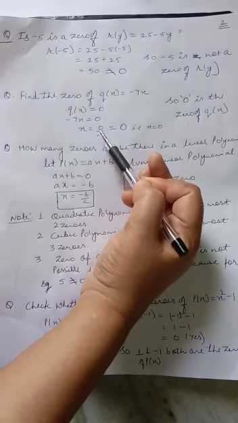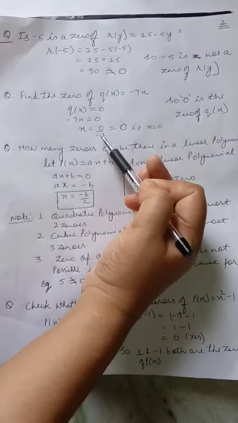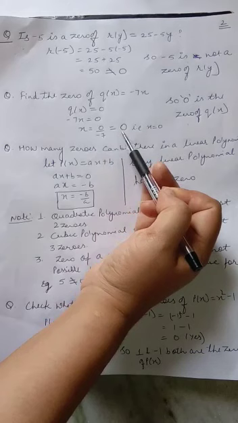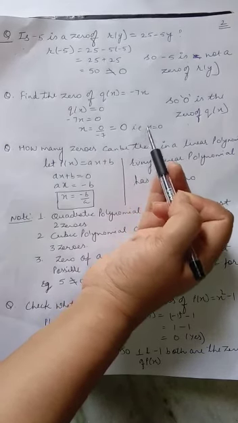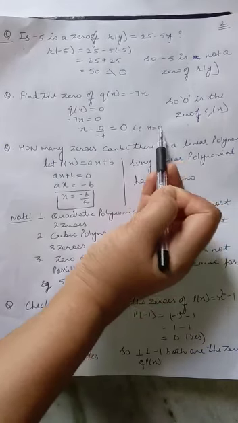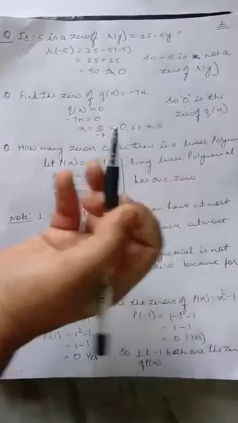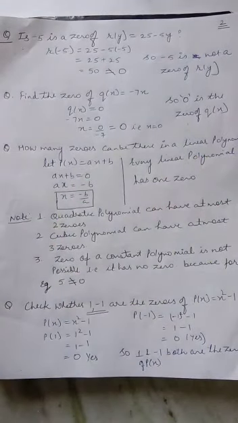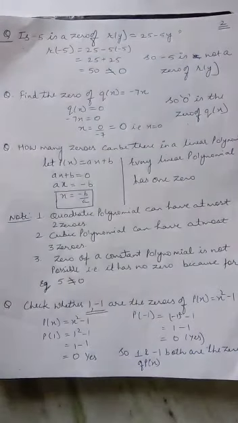So x came 0 upon minus 7. 0 divided by any number is going to give you 0. So that is x is equal to 0. So we can say that on substituting x equal to 0, the value of this polynomial becomes 0. So 0 is the zero of this polynomial.